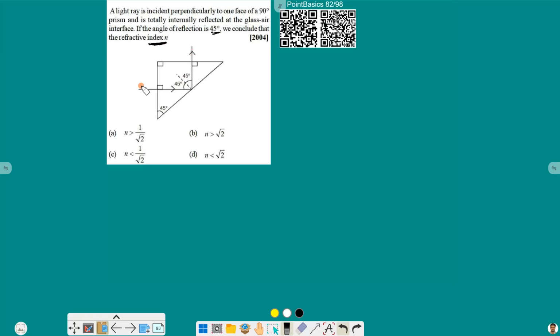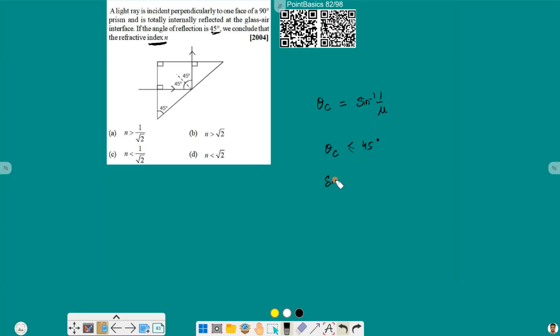So we know that critical angle theta c is equal to sine inverse 1 by mu here. Now, as the given angle is 45, that at 45 we are having total internal reflection. So theta c could be smaller than or equal to 45 degrees. We are not sure regarding that.